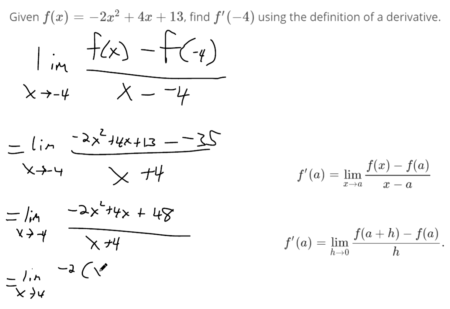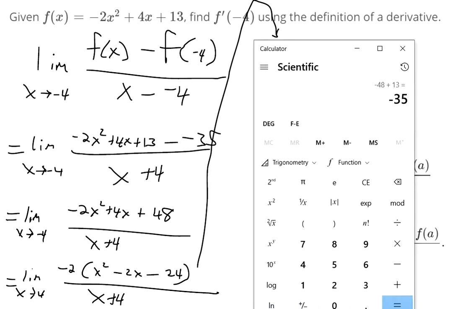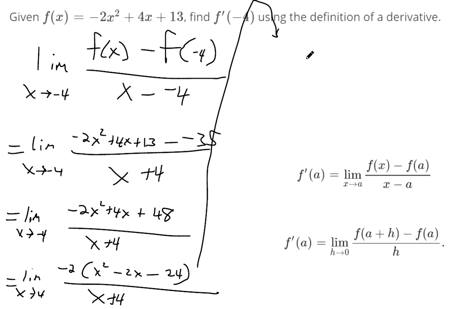That leaves me with x squared minus 2x minus 24. And then if we continue with that up here, two numbers that multiply to be -24 but add to be -2. Nobody knows. Scientists are still working on it. Oh, it's 6 and 4. Okay, so it's -2 times x minus 6 and x plus 4.